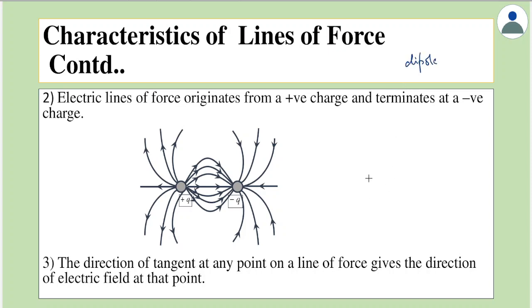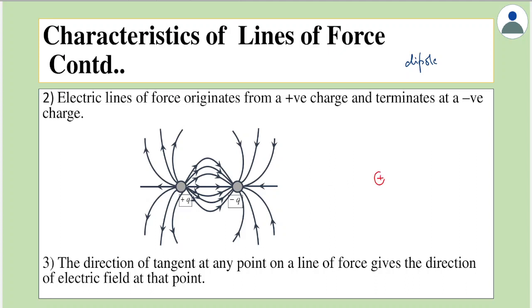We will learn what a dipole is in later topics. For now, think that a dipole contains two charges of the same magnitude but different polarities, and also their separation is very small. So in that case, how will the lines of force be?